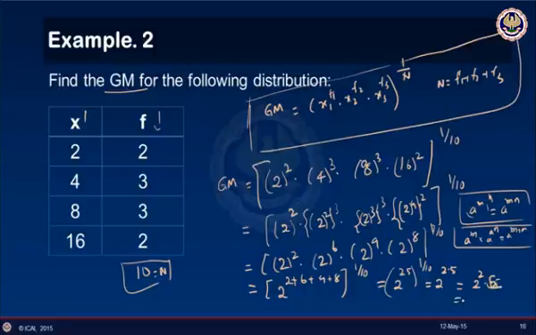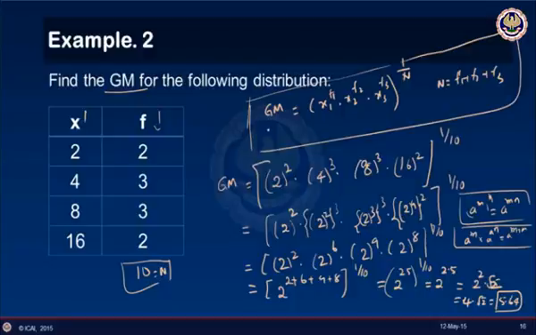And 2 squared is 4 into root 2, which is 1.41, which is 5.64. That is the answer. So 5.64 is the solution after solving this problem for grouped data of geometric mean.